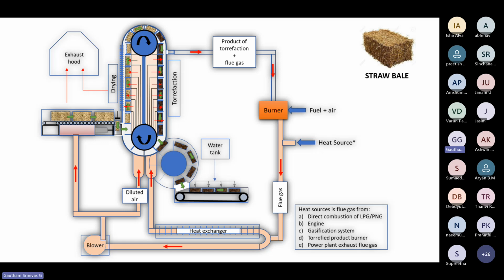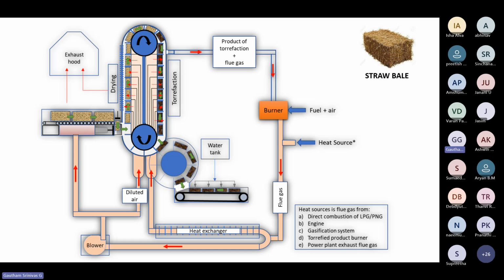Now, the biomass comes into the torrefaction zone, and here the temperature is much higher. Like I said, it's maintained at 200 to 300 degrees Celsius, and the biomass is torrefied.